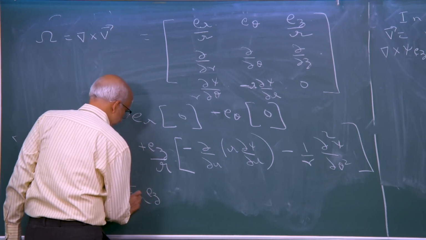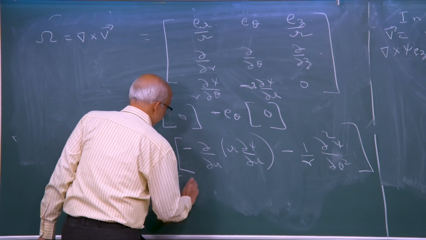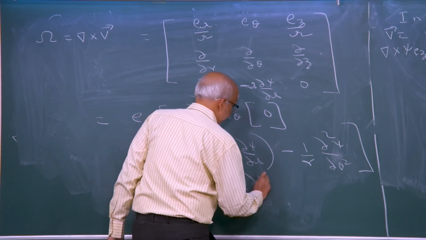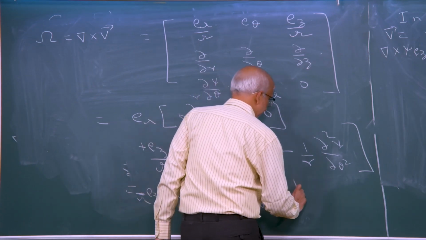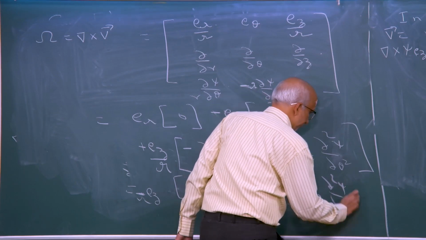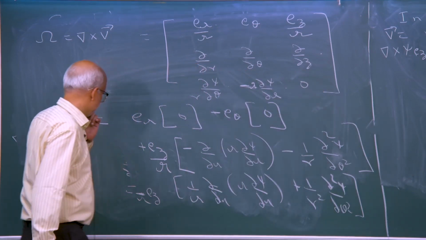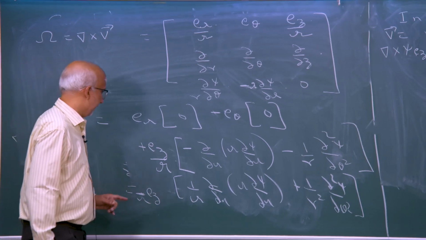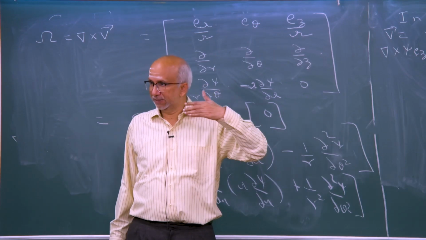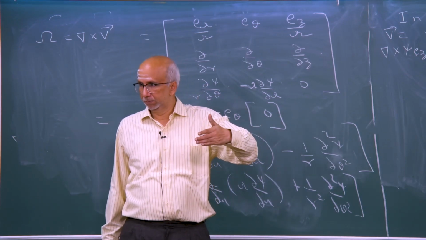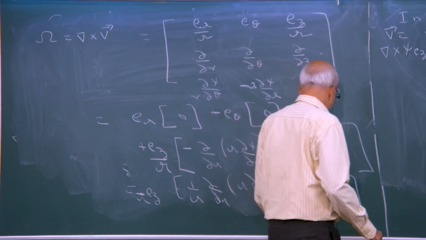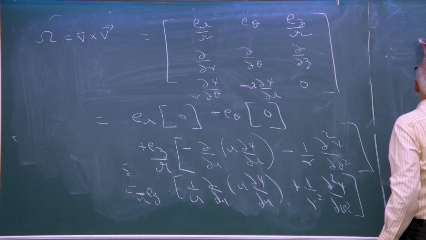I will take the minus out. I get 1 by r d by dr of r d psi by dr plus 1 by r squared d square psi by d theta squared. And this is nothing but del square psi in cylindrical coordinates, in 2D. So I get del square psi.